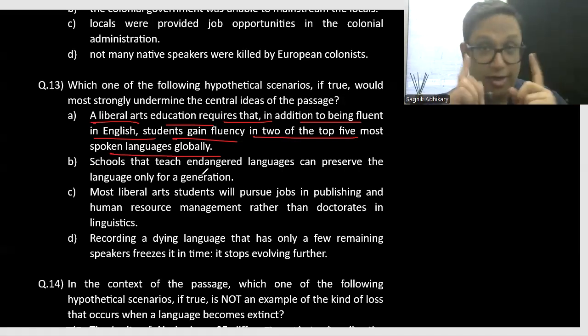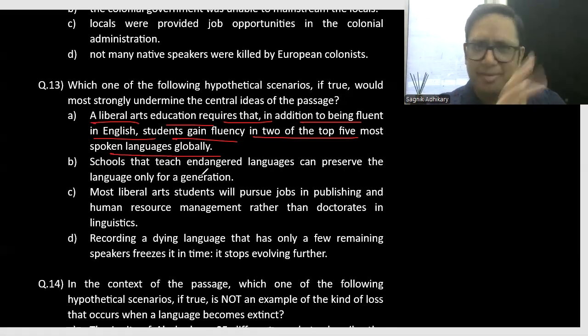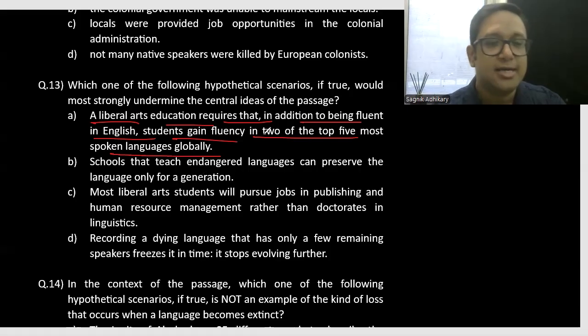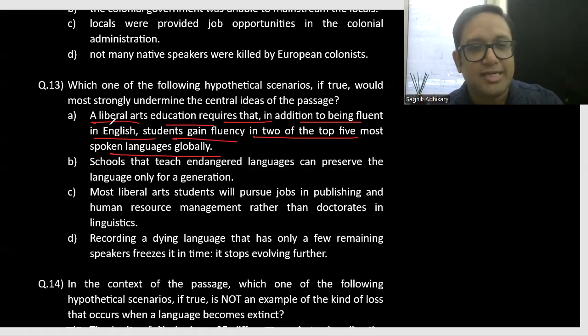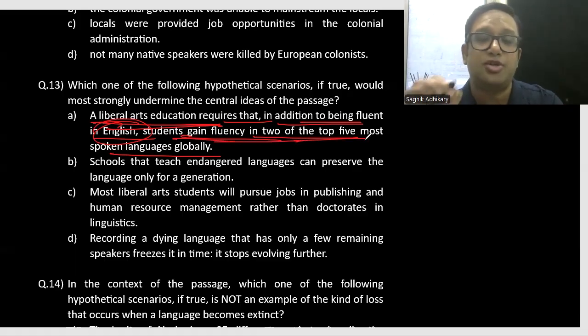But one of the examples mentioned, the biggest language killers has been English, French, even Hindi was mentioned, Chinese. But that said, we see here, if liberal arts education requires that in addition to being fluent in English, which was in the passage defined as a language killer, students gain fluency. It is mandatory for students to gain fluency in 2 of the top 5 most spoken languages globally.